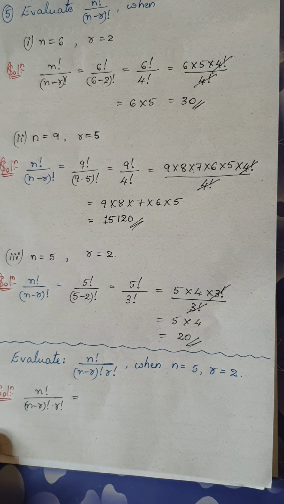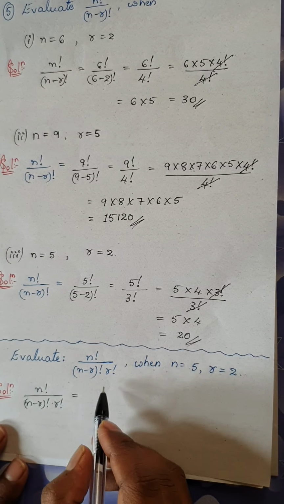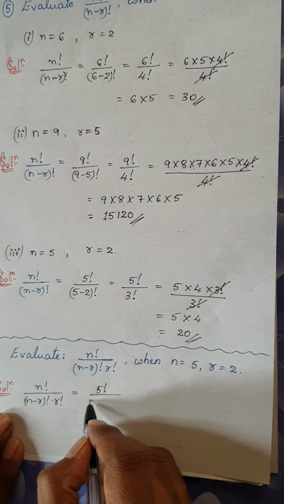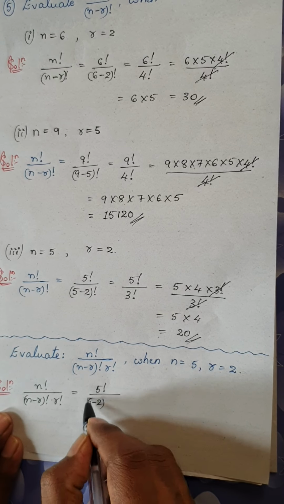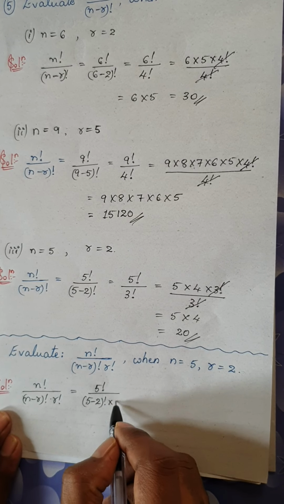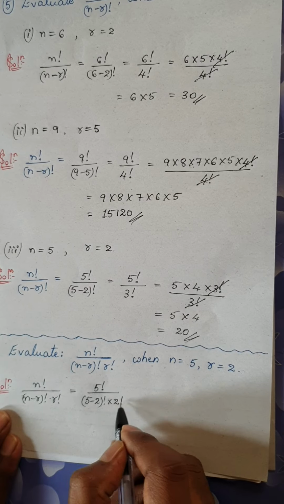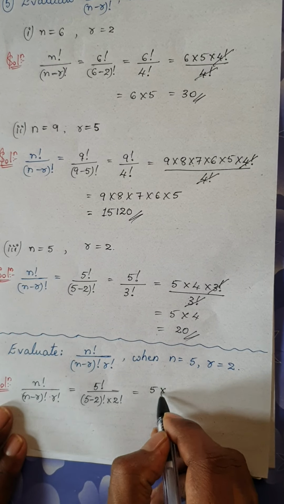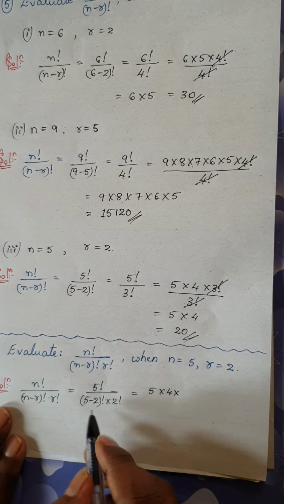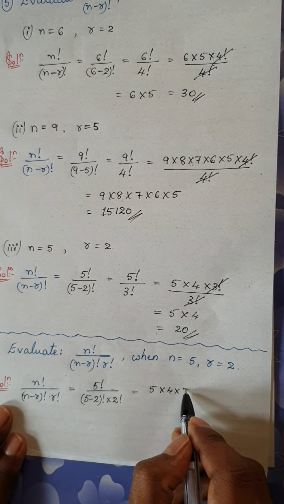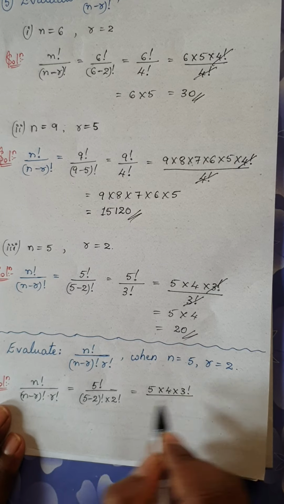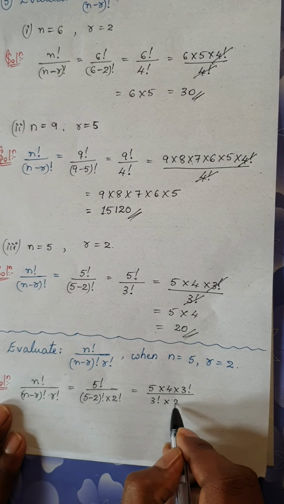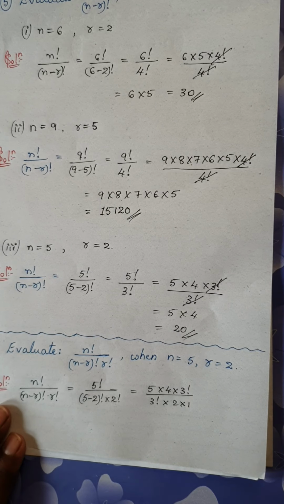Substitute: 5 factorial by (5 minus 2) factorial into 2 factorial, because r is 2. So you will get 5 into 4 into, and I will stop with 3 factorial here, because 5 minus 2 gives me 3 factorial, into 2 factorial, which is 2 into 1.